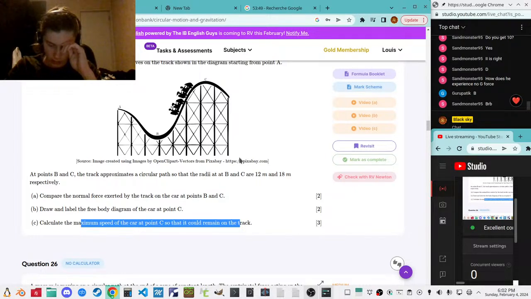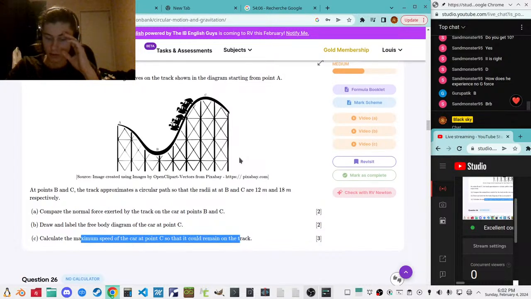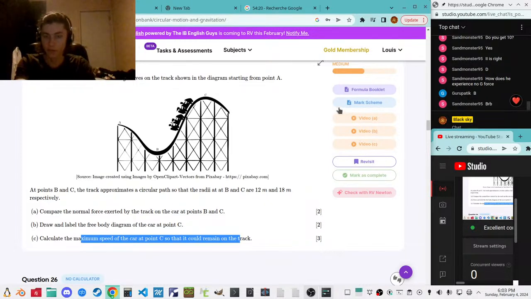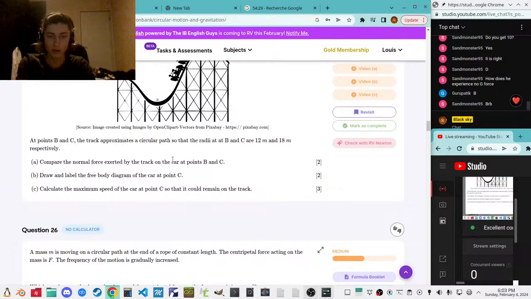We have its acceleration, which is mg, which is 9.81, not 9.8. It's all just 80 times 9.81. So 80 times 9.81 times 18, square root, 13. Is that it? Okay.